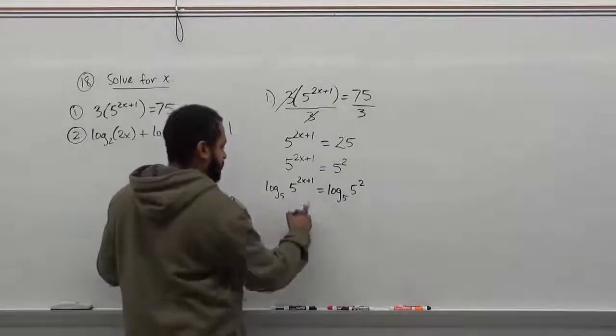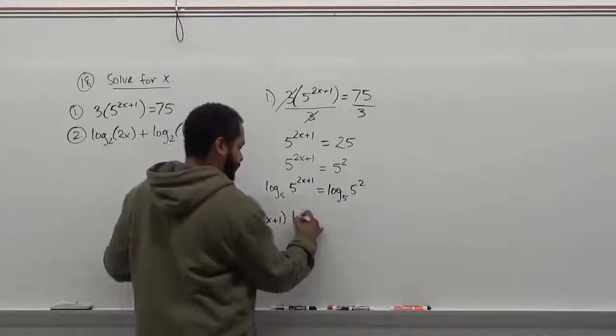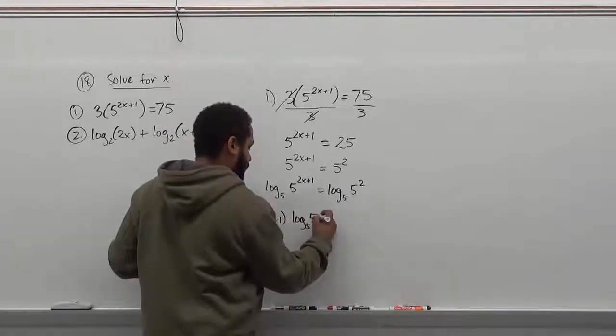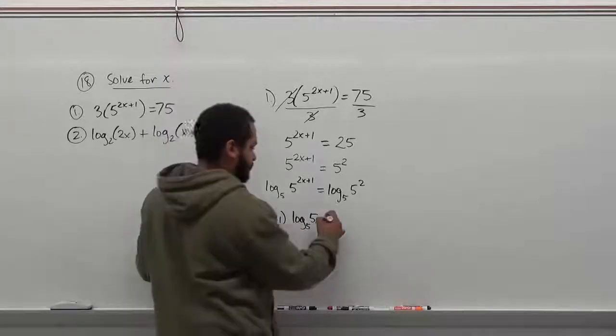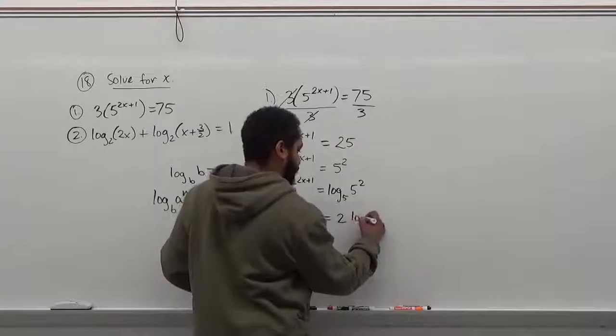And so here the 2x plus 1 becomes the scalar multiplier in front of the logarithmic term, in other words the coefficient of the log term. And the 2 is also going to come down in front of this log term.